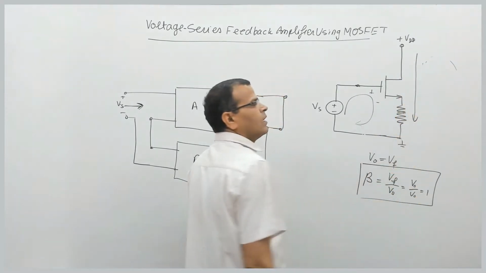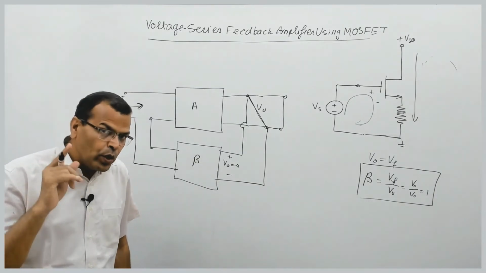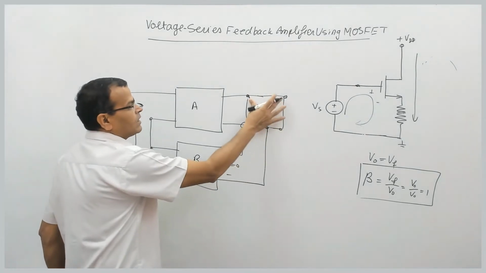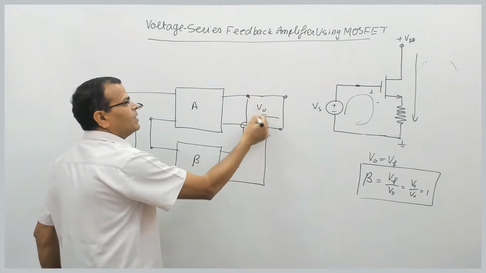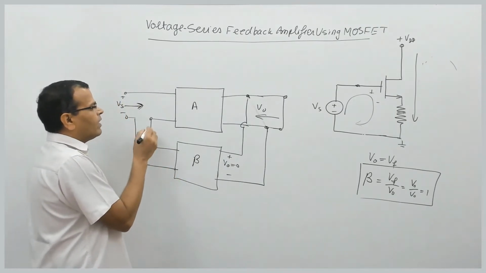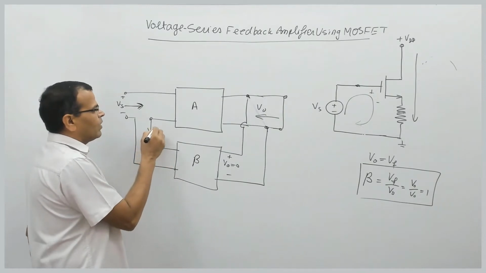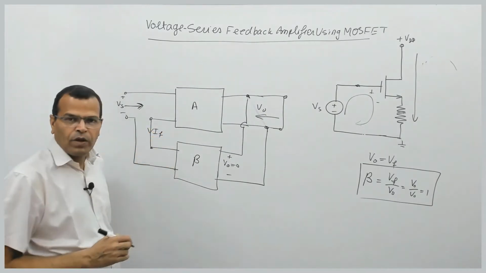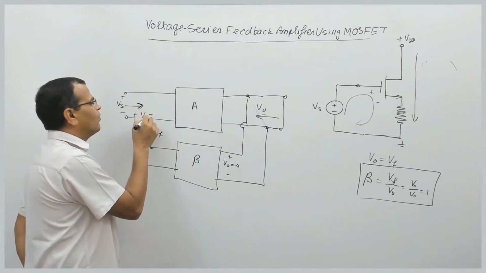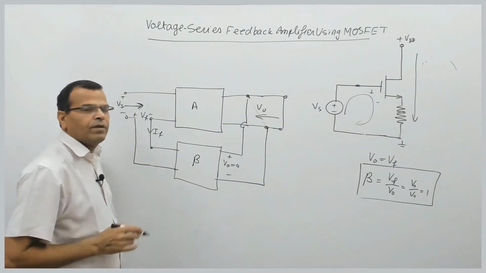To identify the output circuit without feedback loading, I need to see the circuit from this side without feedback loading. This is the feedback network, so this is IF, and this is the voltage VF for voltage series feedback.